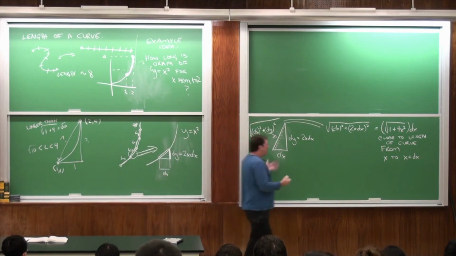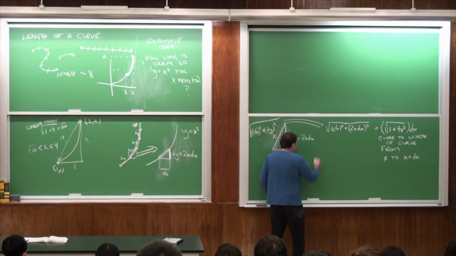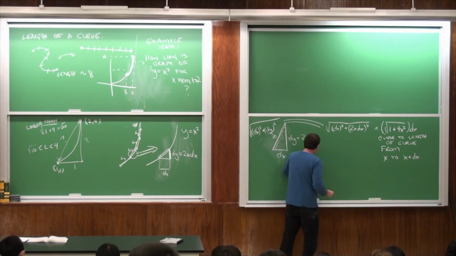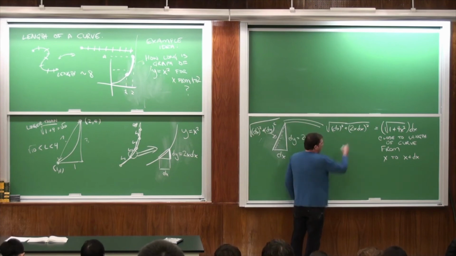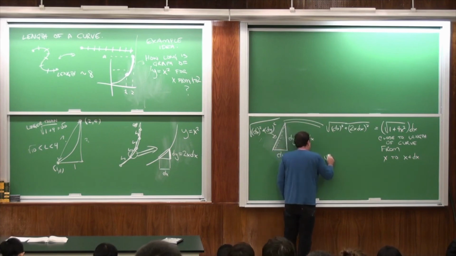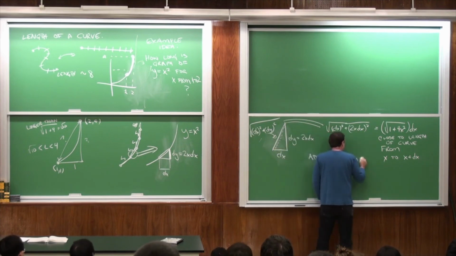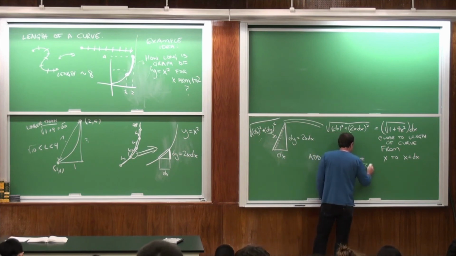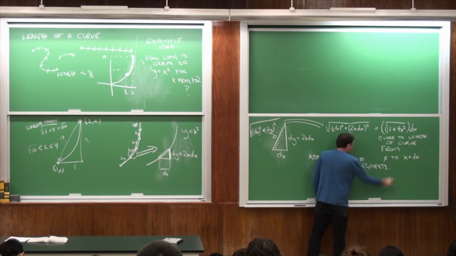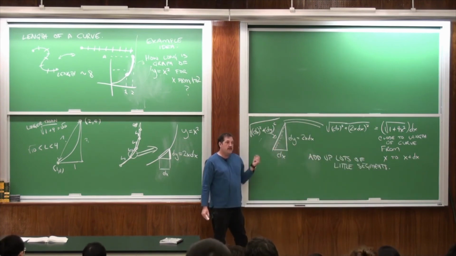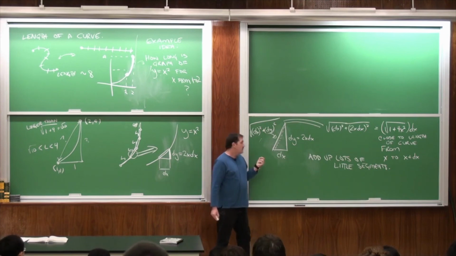So I want to add up lots of these things, and that will give me my length. And I take the limit as the size of the segment goes to 0. So that is an integral.